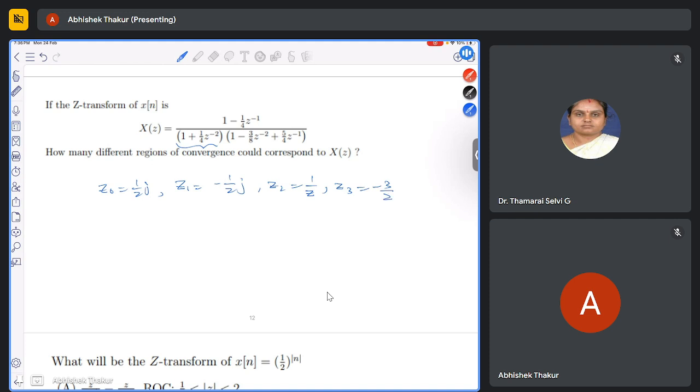So there will be four regions of convergence. This is a simple question.